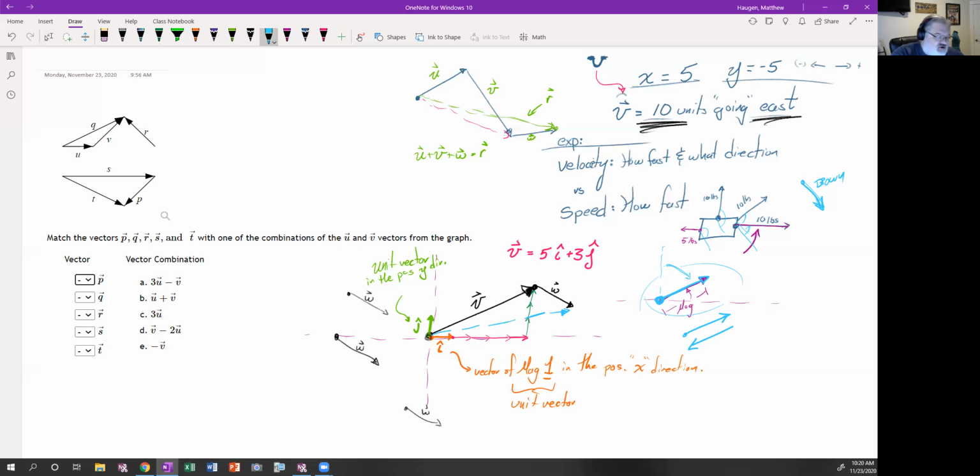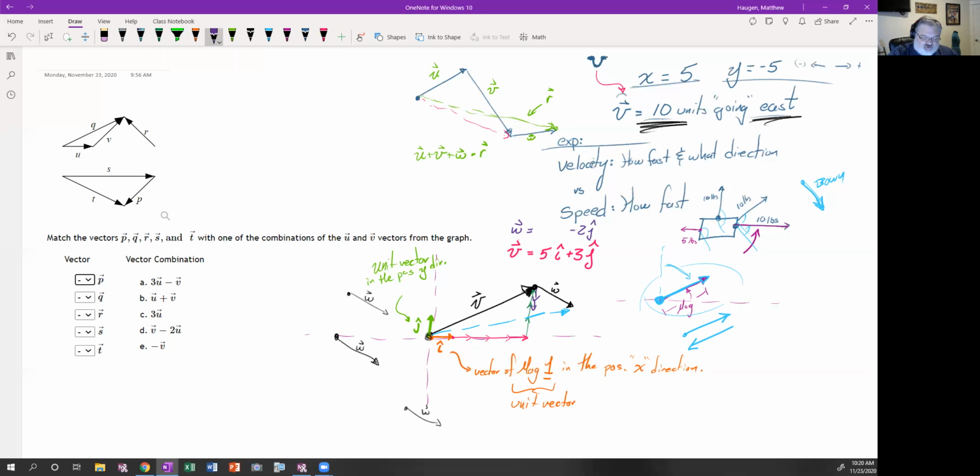And if we wanted to figure out what its components were, well, I'm going to just say that's down 2. It could be 1.5, it could be 1.9, but whatever it happens to be, I want to say that's -2 though. So down 2, -2 j's.